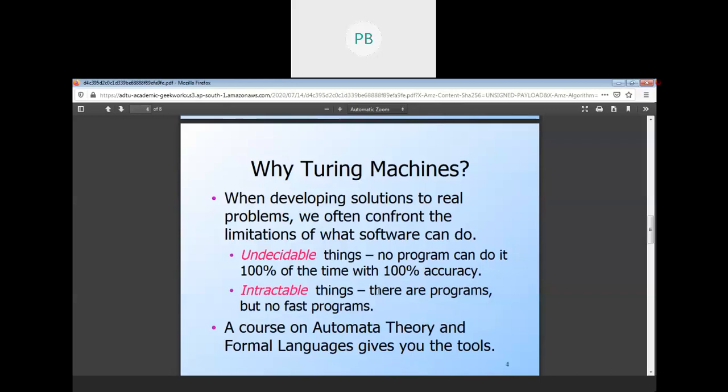So similarly, if you are not aware of the computer system itself, how can you utilize it to its fullest? Since you are a computer science student, you are dealing with the internal elements, internal functionalities.